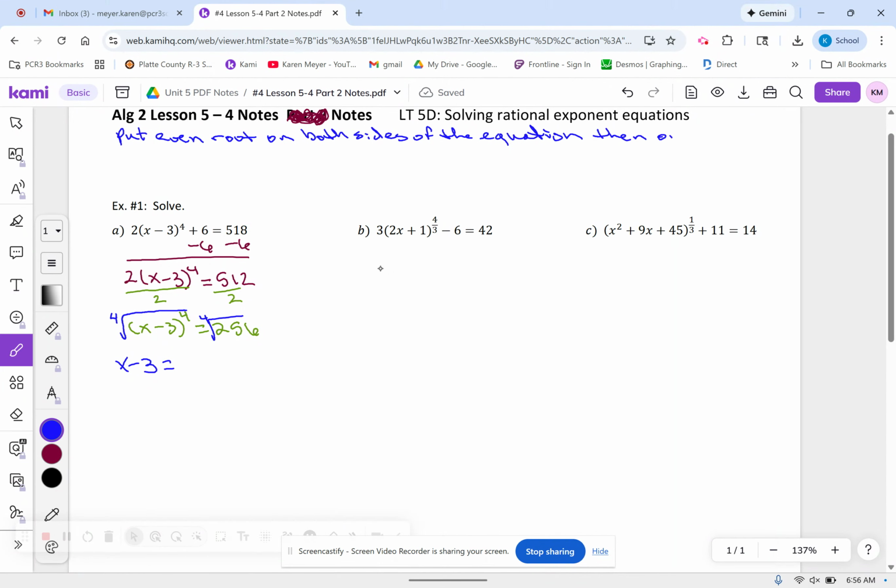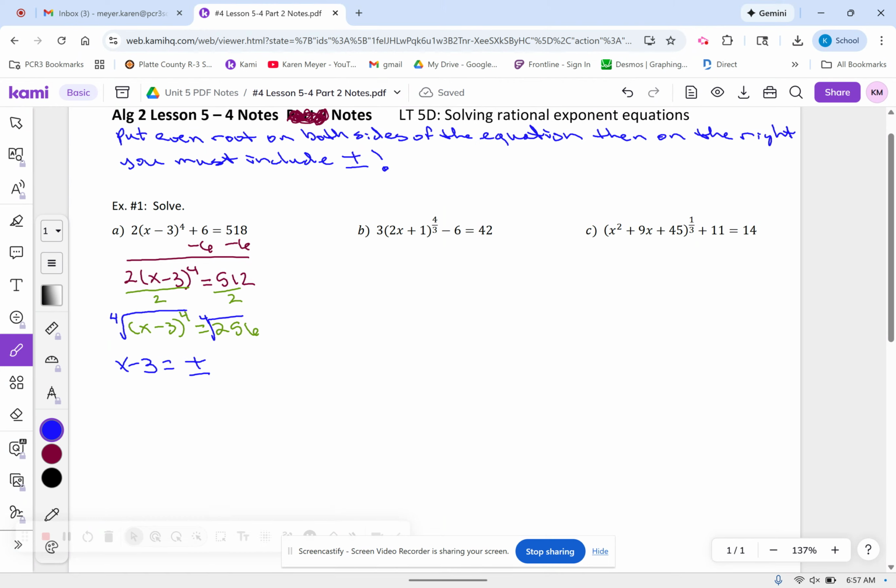Then on the right side, you must include plus or minus. So hopefully everybody remembers that. And so 4th root is even, so you have to do plus or minus.